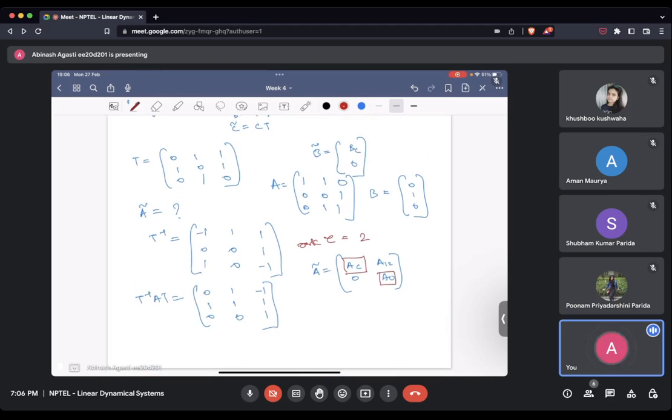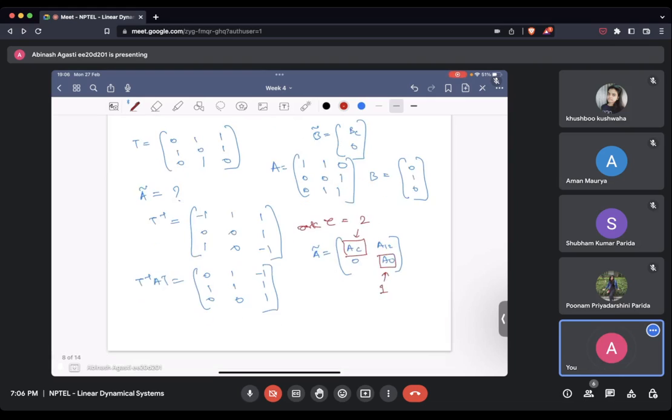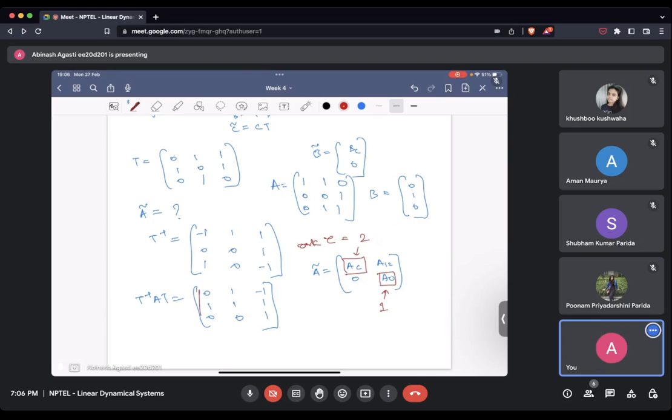So that is why we'll have a controllable portion of order 2 and an uncontrollable part of the remaining order from 3, which is 1. Okay, so here you can see this is the AC matrix, this is the 0 block, this will be the AU matrix, this will be the A12 thing.